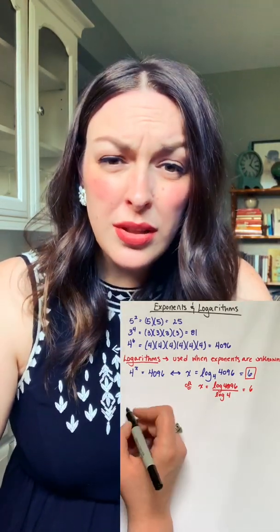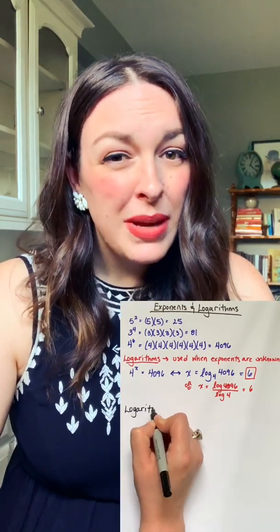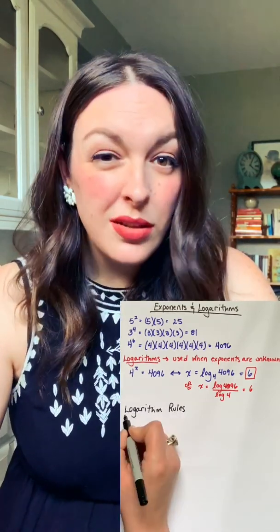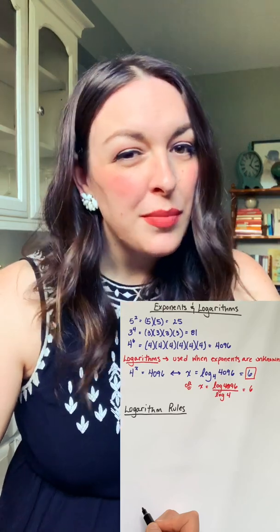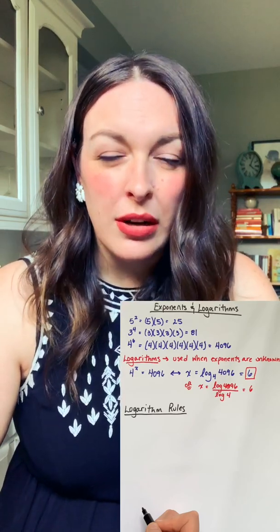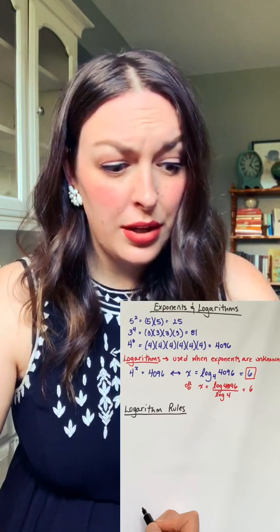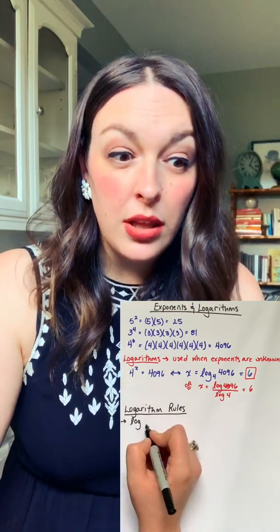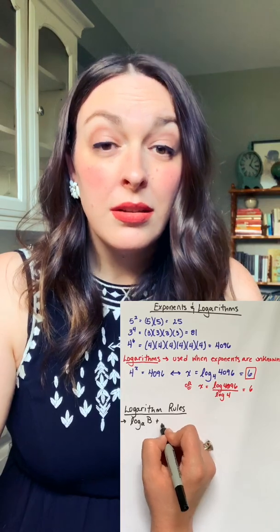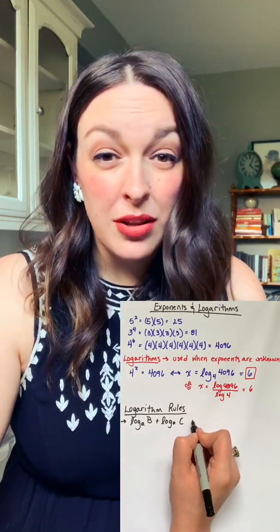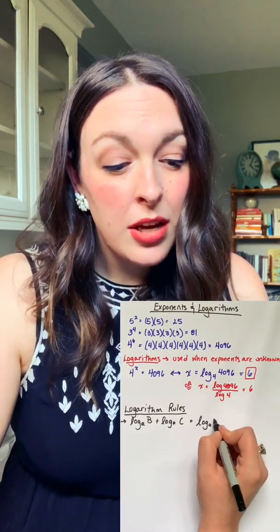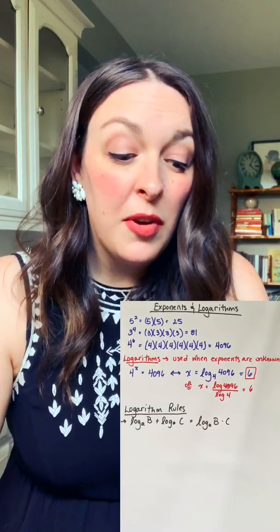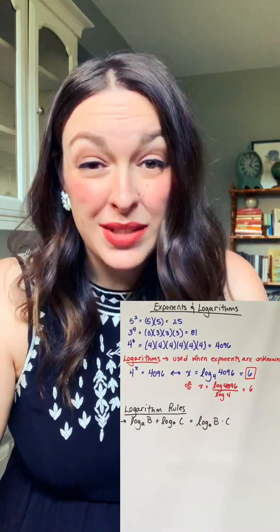So there's some rules to logarithms that actually make it really useful when you're trying not to use a calculator, because they simplify it into something where you can figure out the answer in your head. So the first one is just generally the logarithm of base a of b plus logarithm base a of c is the logarithm of base a of b times c.